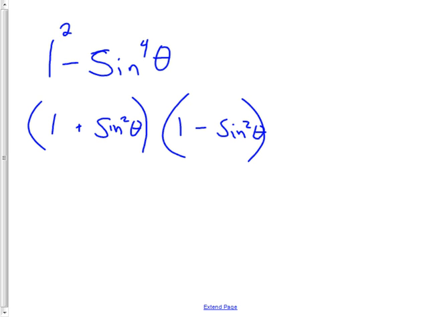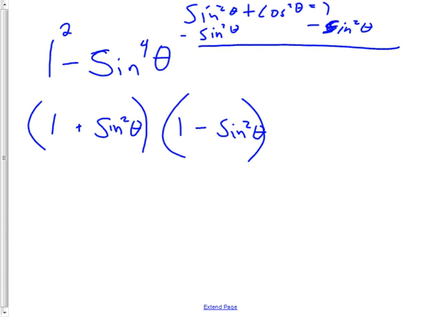Did either of those look like something that you wrote on your paper a second ago? Which one? The plus or the minus? Okay, so you had sine squared theta plus cosine squared theta equals 1. And if you wanted to get the cosine solved all alone, we could subtract sine squared from both sides. Why would you?